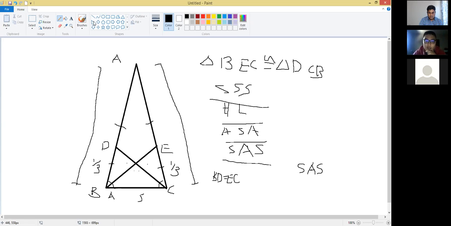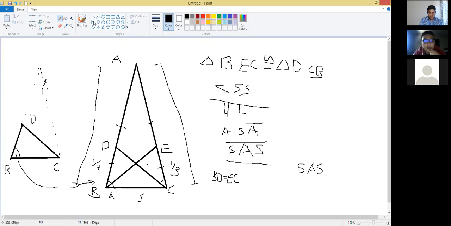Therefore, so your triangle, let me take it out. So your angle BDC, this one, that's your angle BDC. That's part of your isosceles triangle, right? And this angle is here.